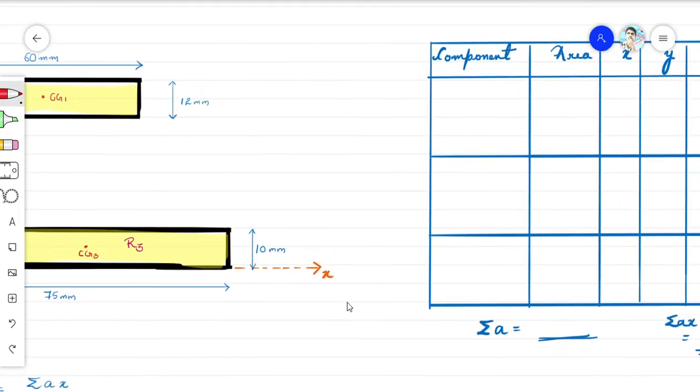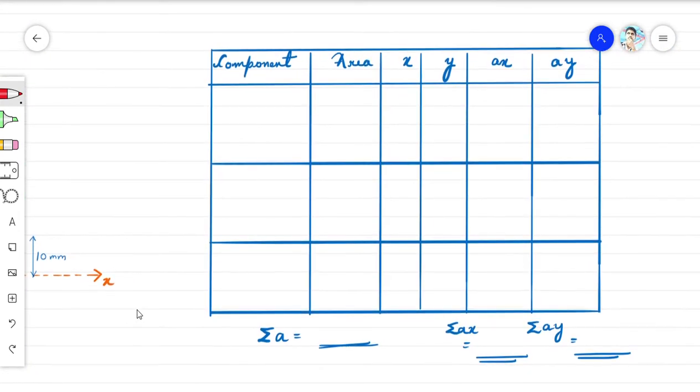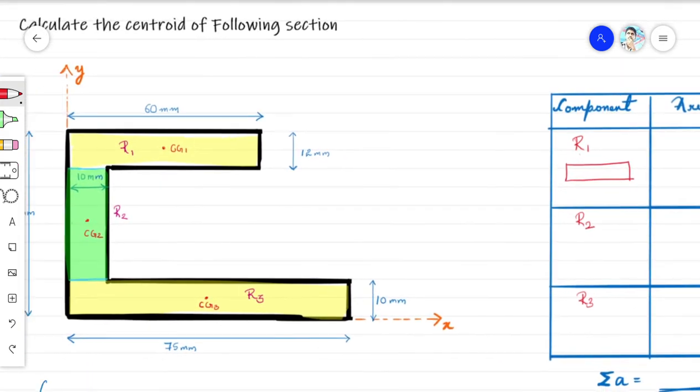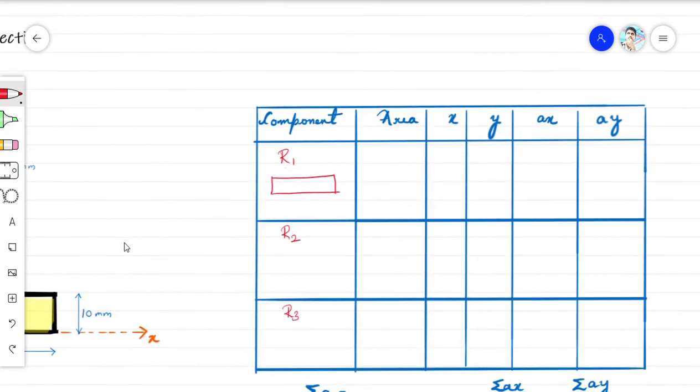So the next procedure, as I told, is to put a table and write the components. Let us start with R1, R2 and R3. R1 rectangle has dimensions 60 into 12. So this is 60 and this is 12.